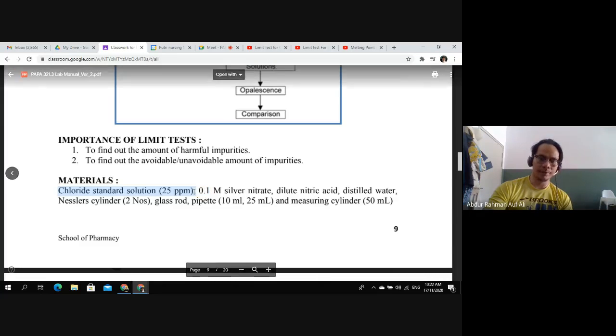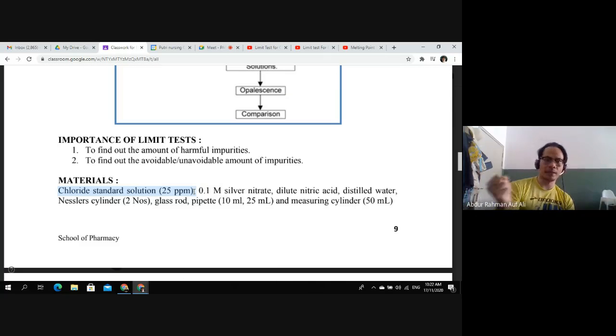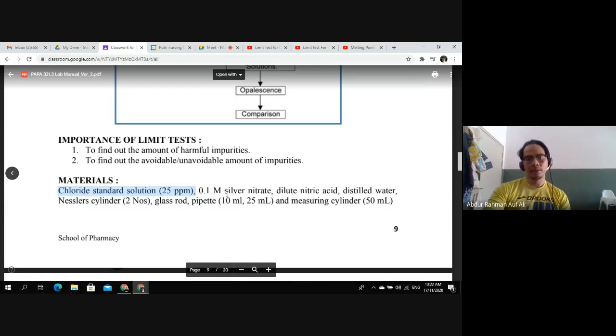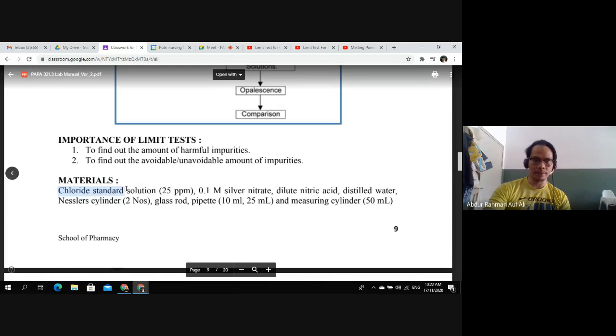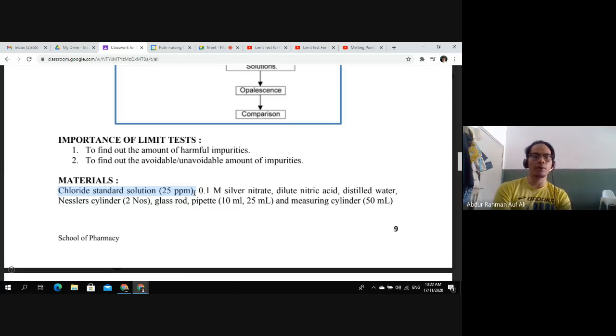So kalau kita buat test, kita ambil satu tablet, kita hancurkan dia, kita larutkan dia dalam all these solvents, dan nampak sangat keruh. Lagi keruh daripada chloride standard solution ini. That means our solution contains more chloride than 25 ppm. Okay?